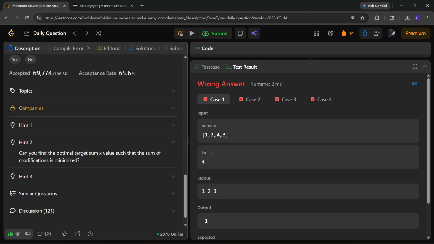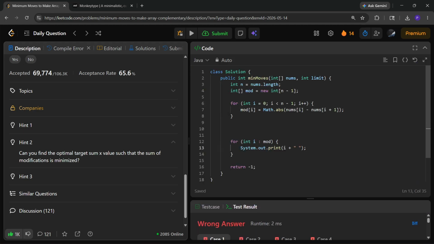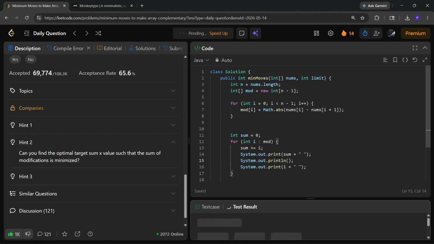The sum of this is, and well, now I need an empty line here. I missed a semicolon.